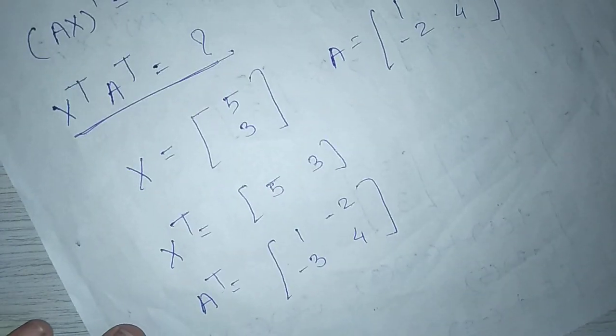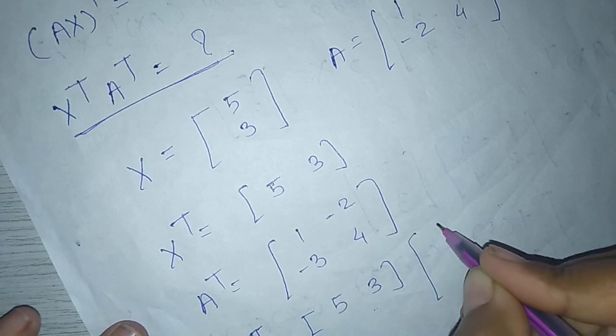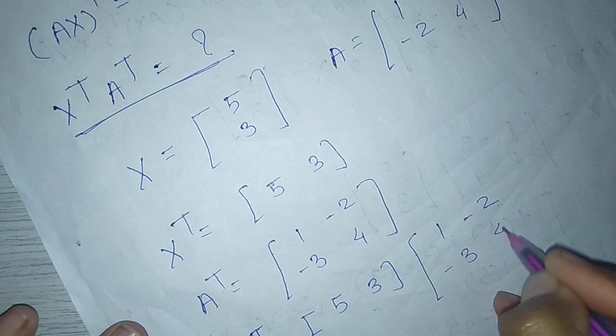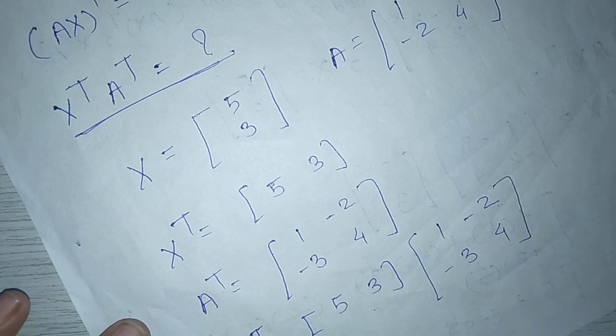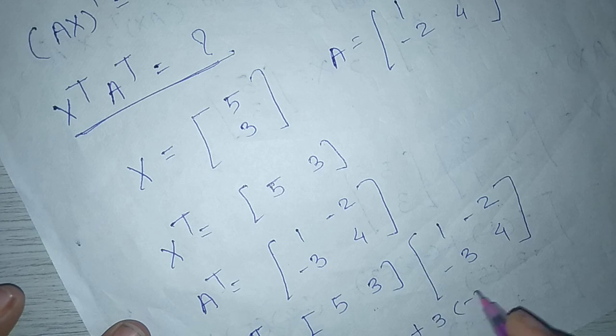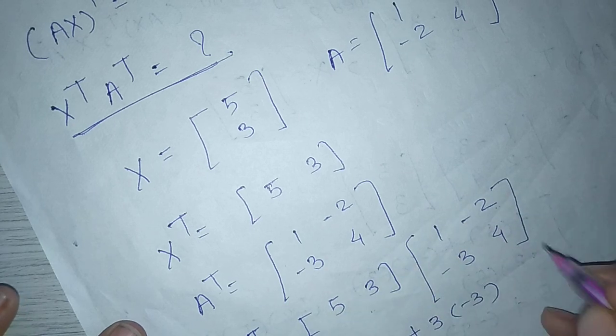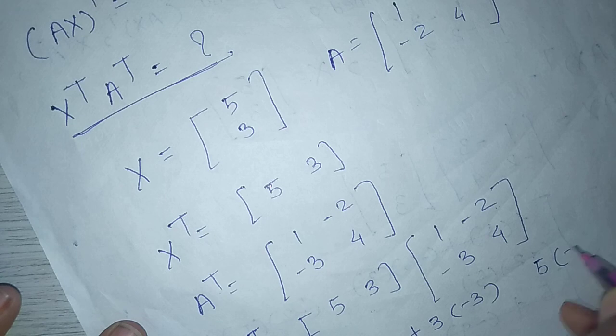Then x transpose into A transpose equal to 5, 3 into 1, minus 2, minus 3, 4, which is equal to 5 into 1 plus 3 into minus 3. Next entry 5 into minus 2 plus 3 into 4.